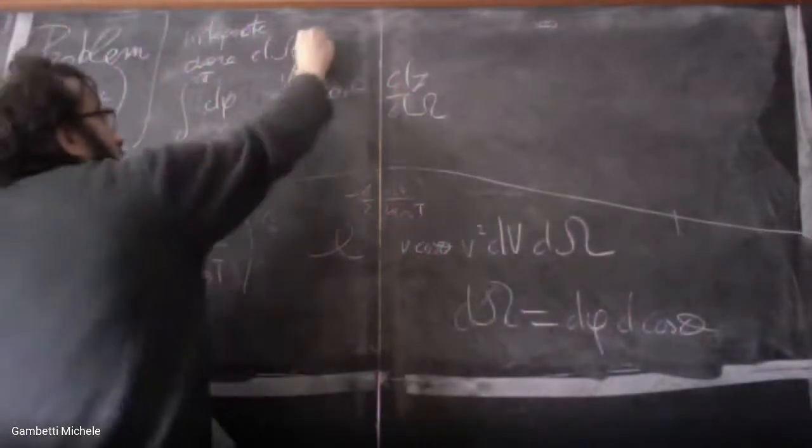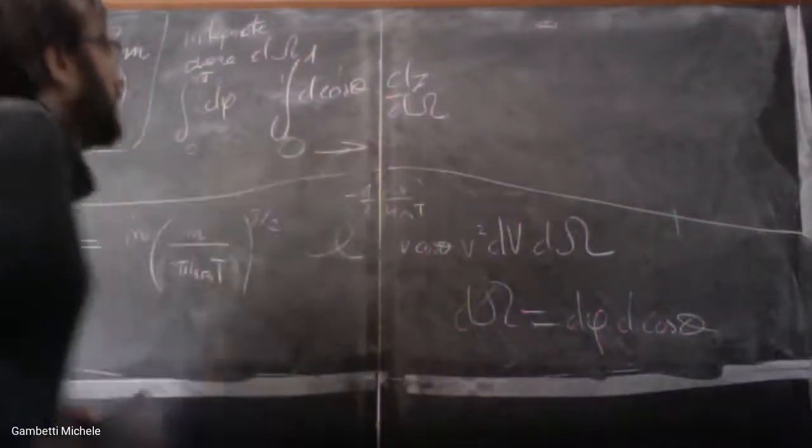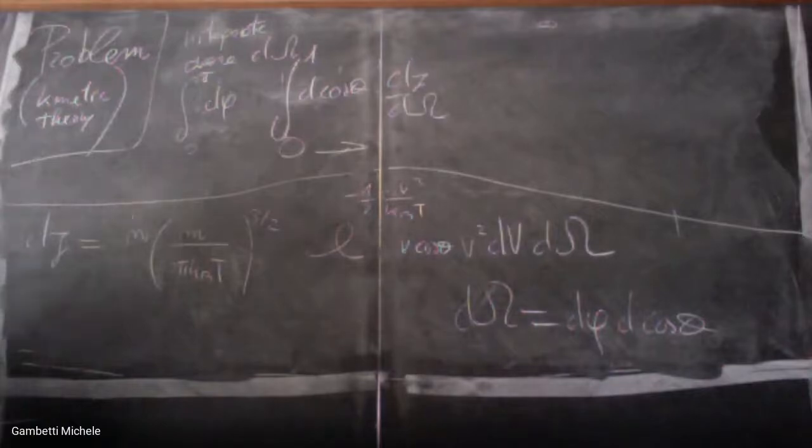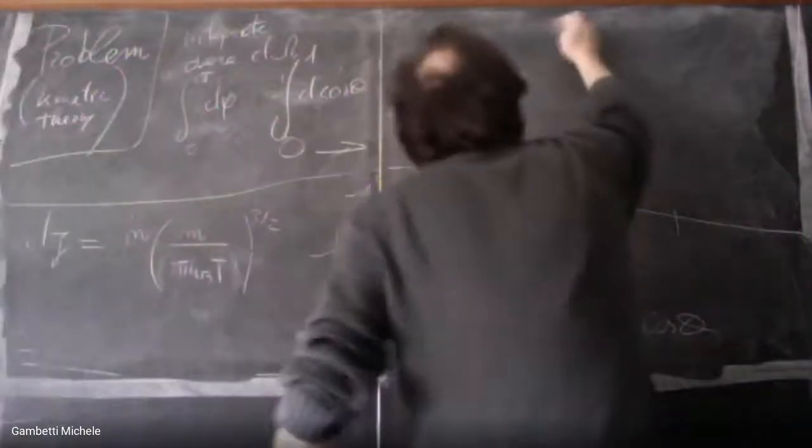And this is the important thing: from 0 to 1. Because I have to consider just the angles from θ equal to 0 up to π divided by 2. Why is it so?